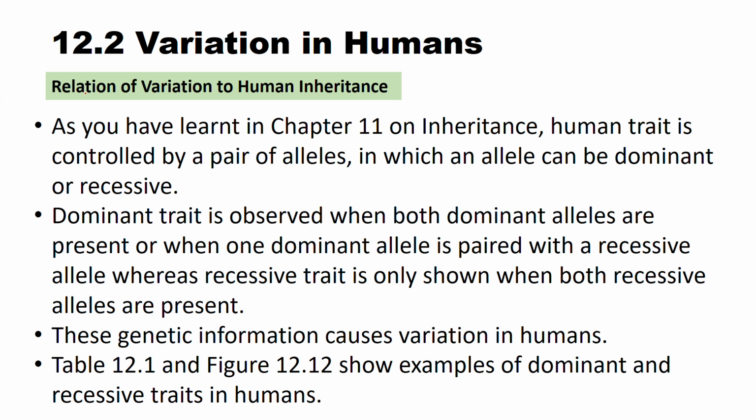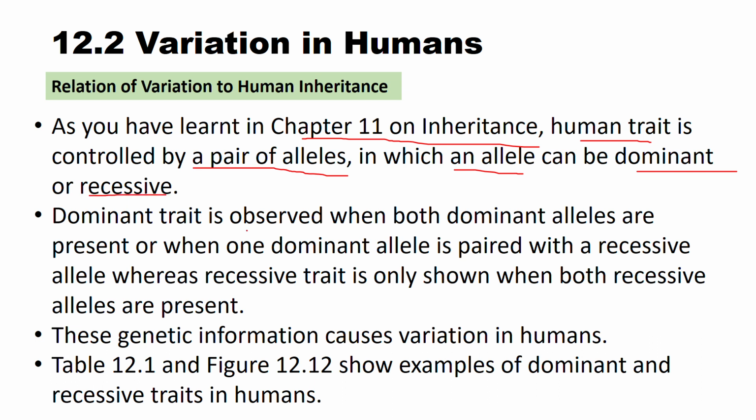Okay, variations in humans. Relation of variation to human inheritance. Recall chapter 11 on inheritance about human traits. It is controlled by a pair of alleles in which an allele can be dominant or recessive.